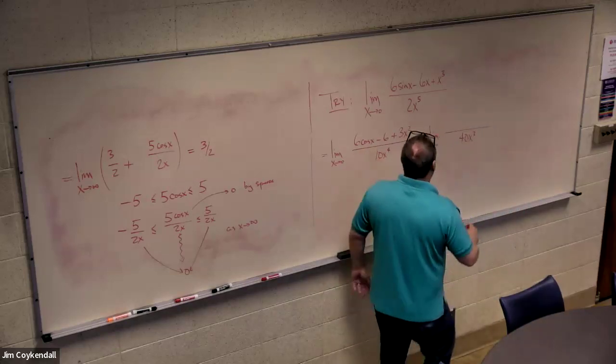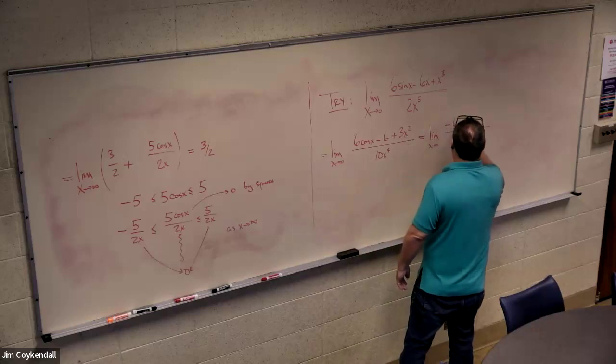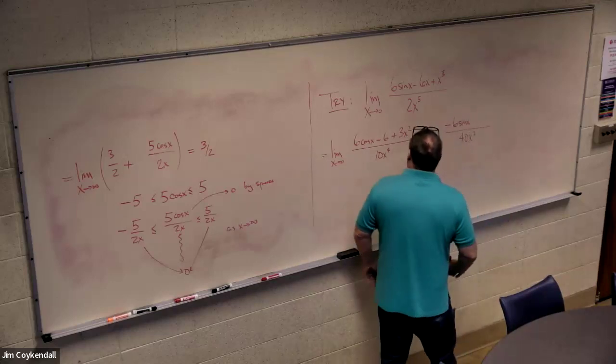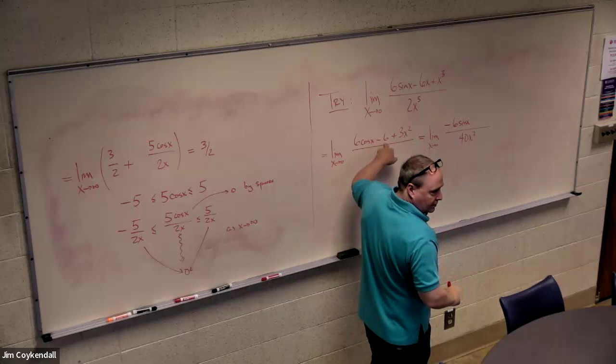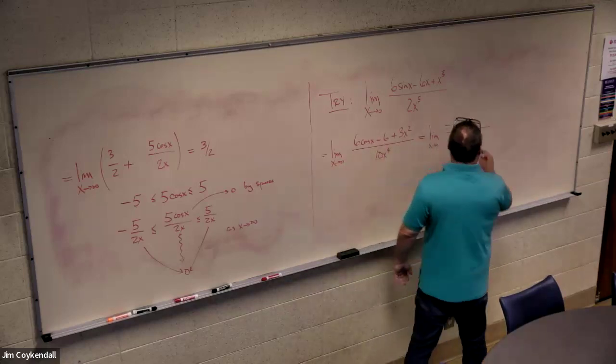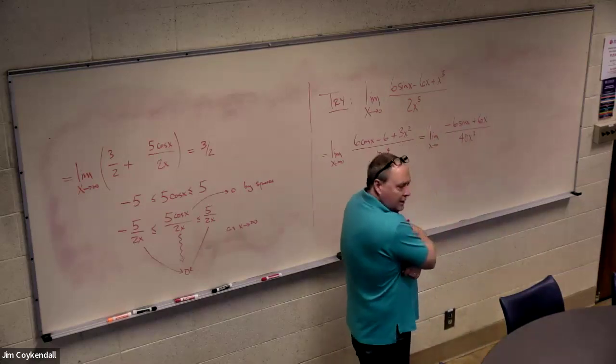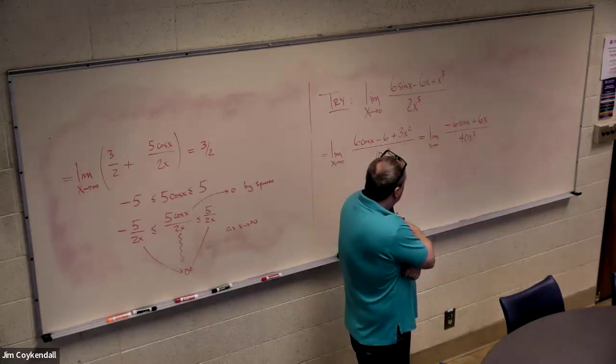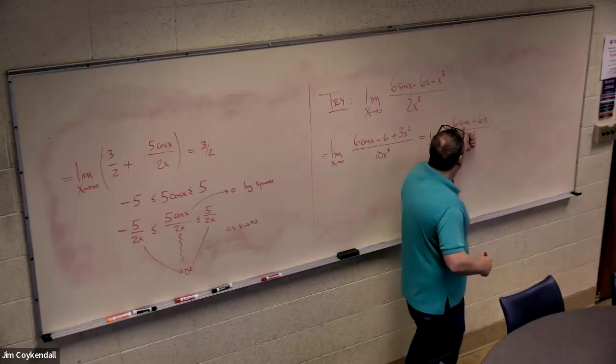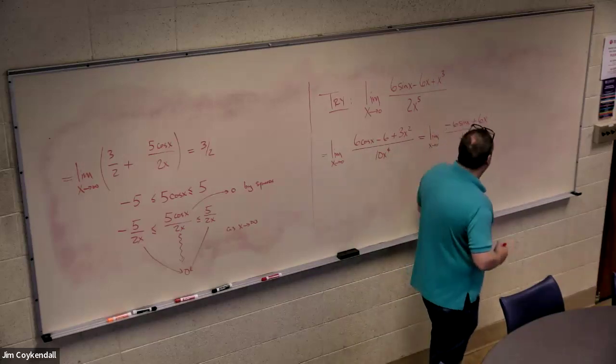Derivative of 6 cosine x is minus 6 sine x. The 6 disappears, and this is 6x. Okay. Plug in 0. I get 0 on top over 0 on bottom. Then we go again.